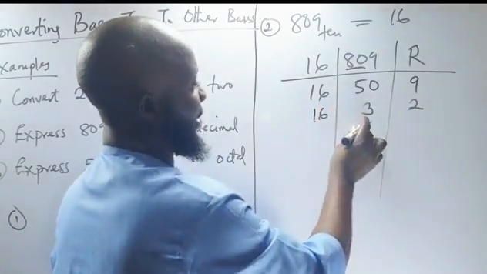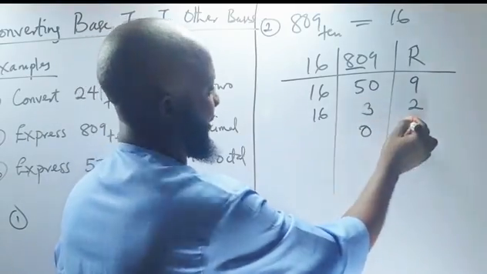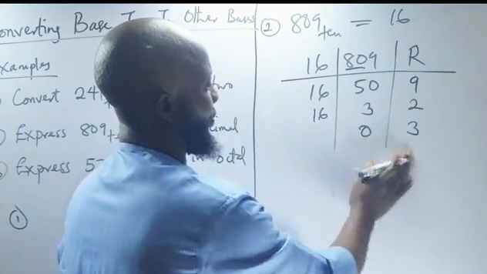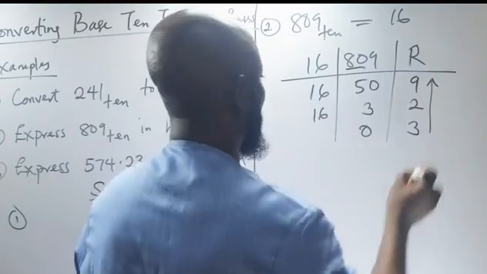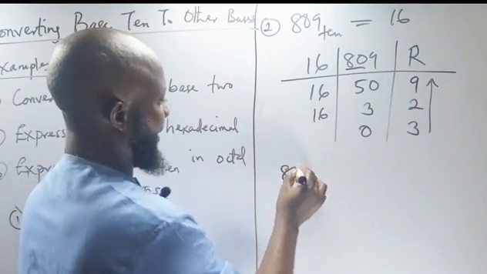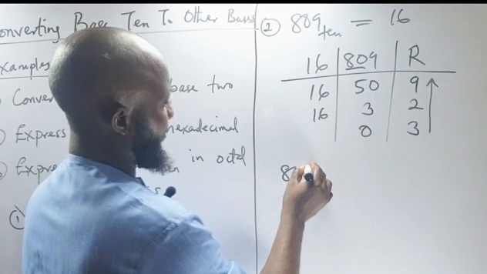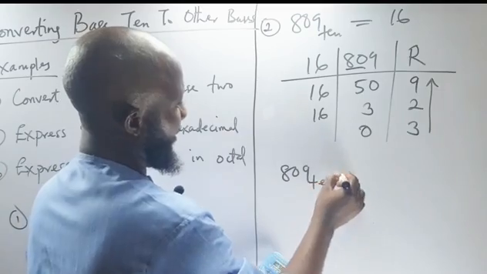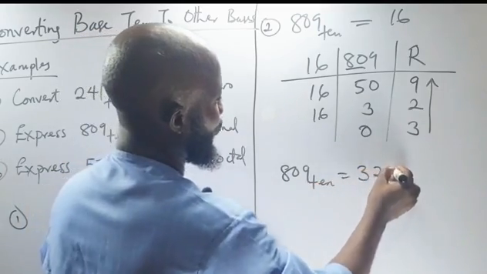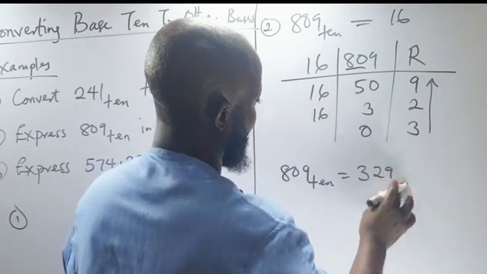Then 16 in 3 is 0, remainder 3. This is where we stop. That's the end, so we write from bottom to top. That means 809 base 10 equals 329 base 16.